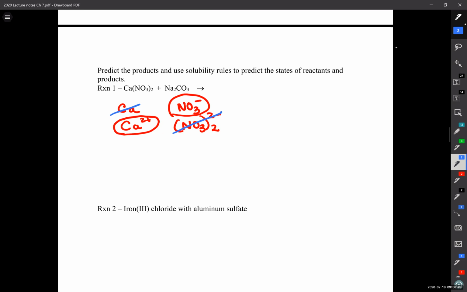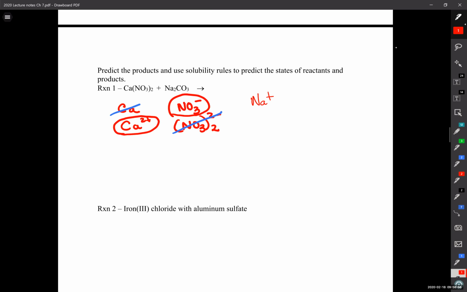Okay, so that's what calcium nitrate is. Now sodium carbonate. When you say sodium, what's the formula? Na, right? Plus. So this is Na plus. I'm going to write it in red. That's Na plus. What about carbonate?